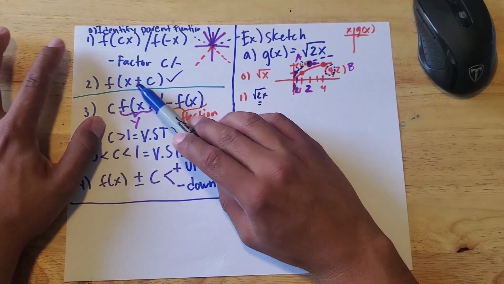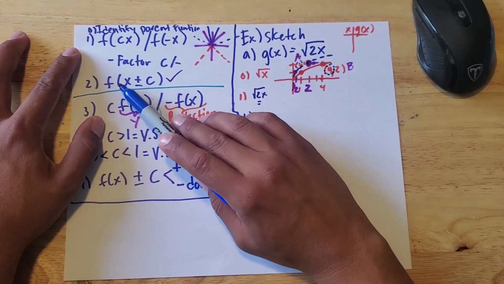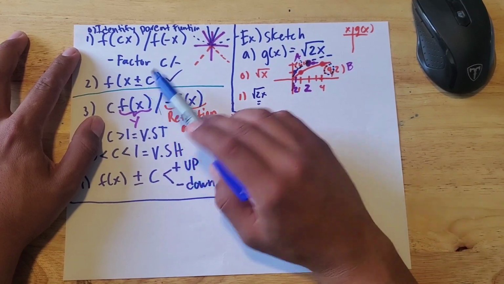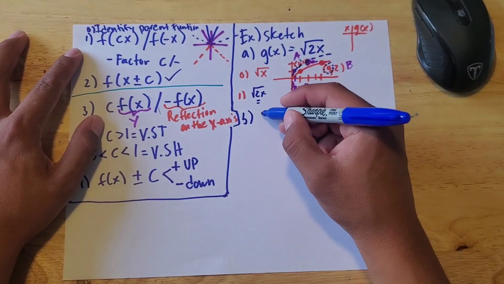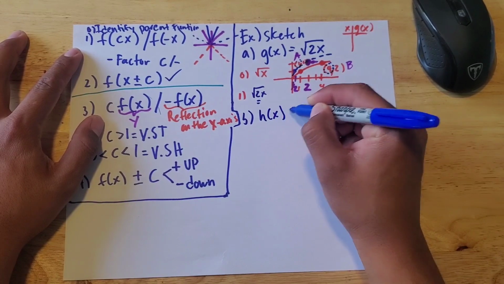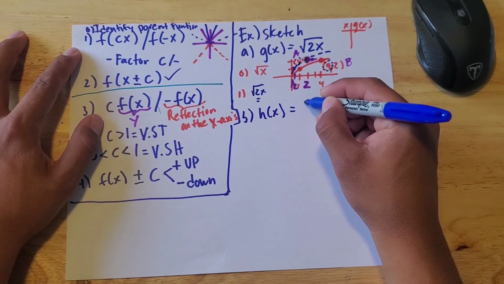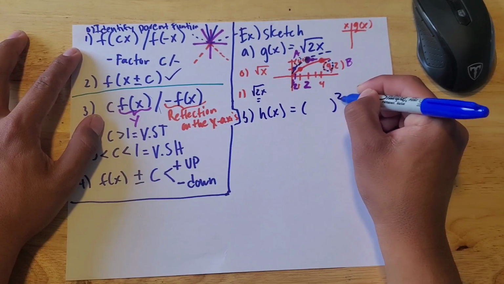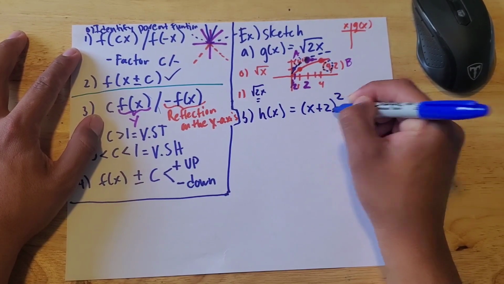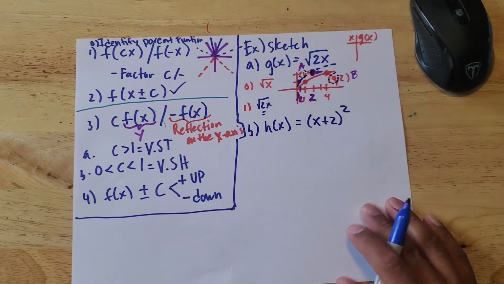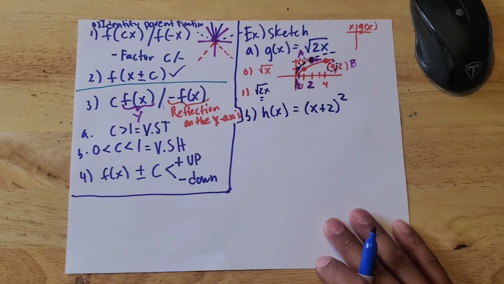So we have horizontal shifting. For example, let me switch it up and have an x squared. We have to be able to recognize what's the parent function here.